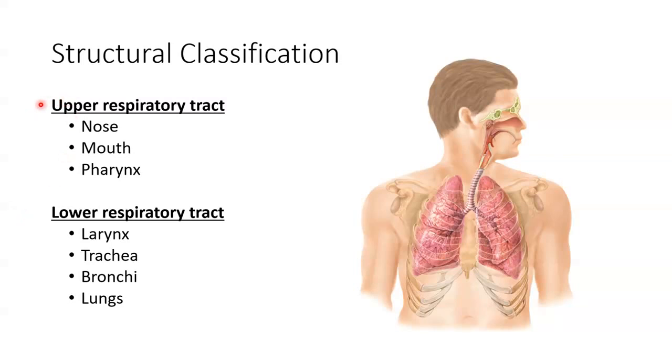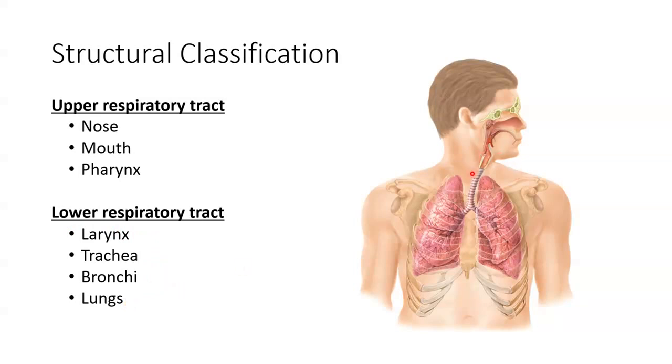Our upper respiratory tract contains our nose and our nasal cavity, our mouth, and our pharynx, so the throat. Our lower respiratory tract contains our larynx or our voice box, our trachea, our bronchi, and our lungs.